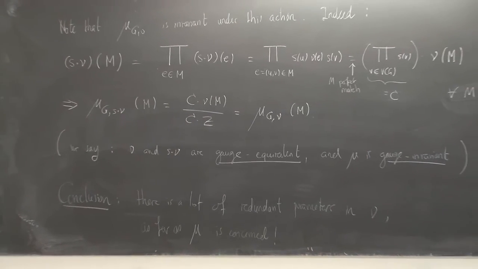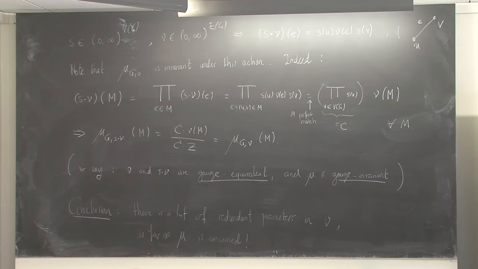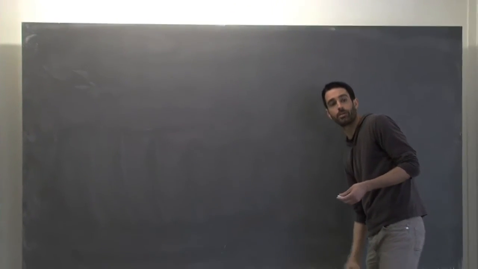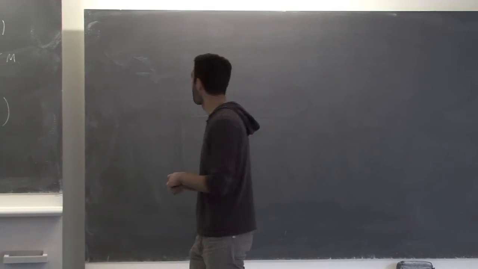And so the natural question is, is it possible to reformulate the Dimer model using parameters with no redundancy, so parameters that are themselves gauge invariant? Okay, question.